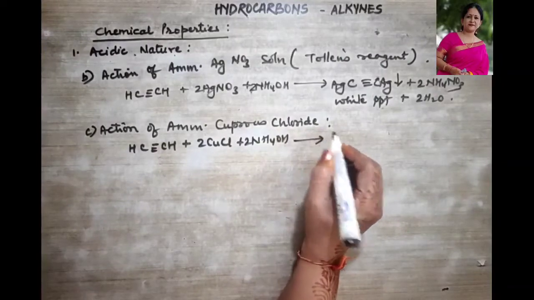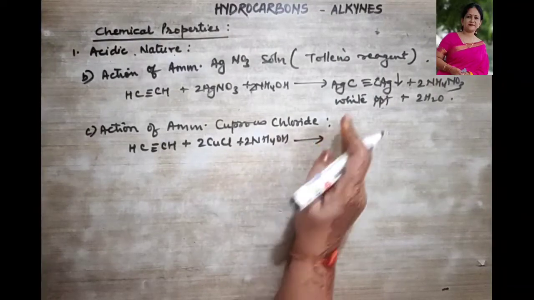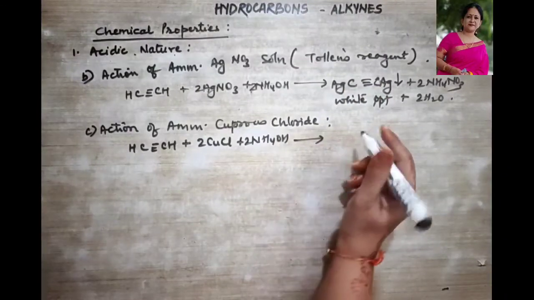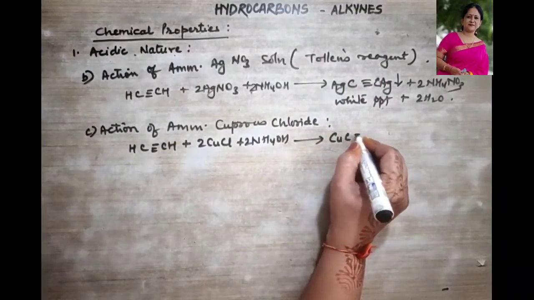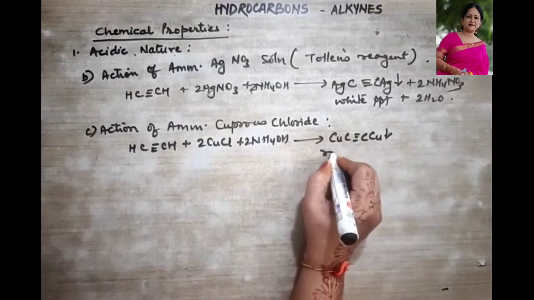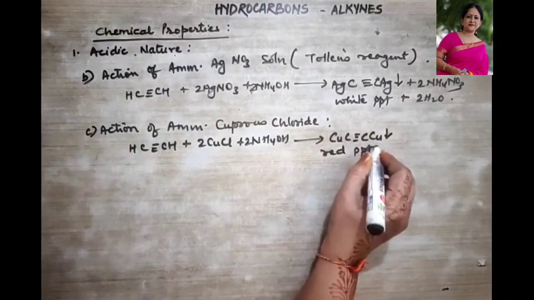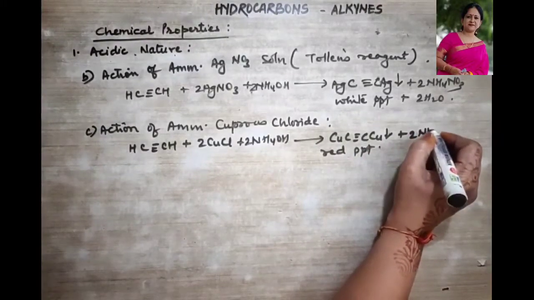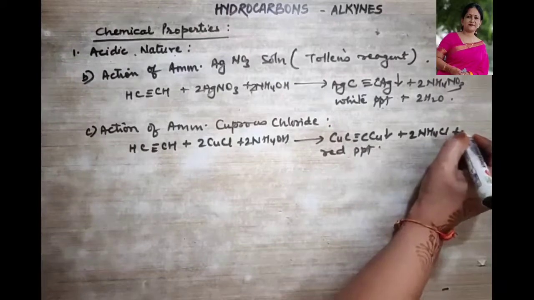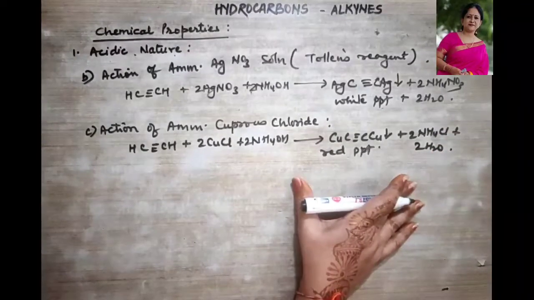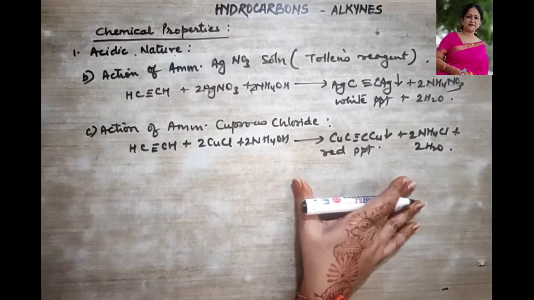So this is also going to give you, now here it was disilver, here it will be dicopper, that is CuC triple bond CCu, and this is your red PPT formed, right? Plus 2 molecules of NH4Cl plus 2 H2O. So I hope till here it is very clear to you.